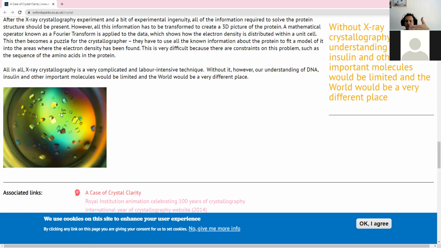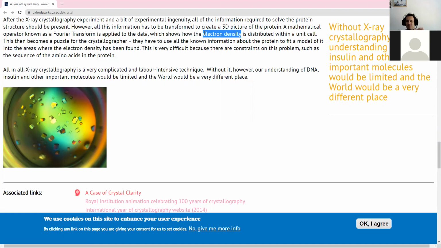But what we're looking for is where did the X-rays hit the electrons and bounce back? So the X-rays will hit the electrons in the electron density cloud, which is what we're looking for, the electron density. The computer gives you an image of the shape of the protein and where all of these electrons are distributed around this protein.